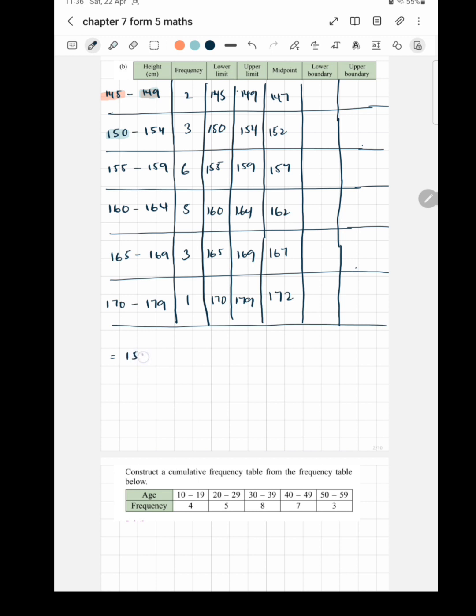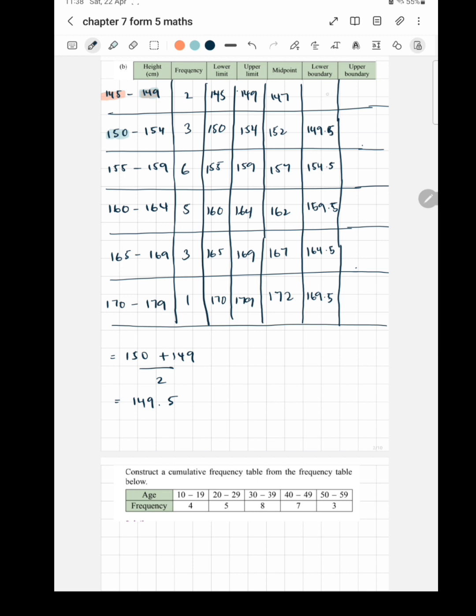I'm going to take 150 plus 149, then divide it by 2. And I'm going to calculate it, and I'm getting the answer 149.5. So this is the lower boundary for the second class. And I'm going to fill up the others. I've done the rest.